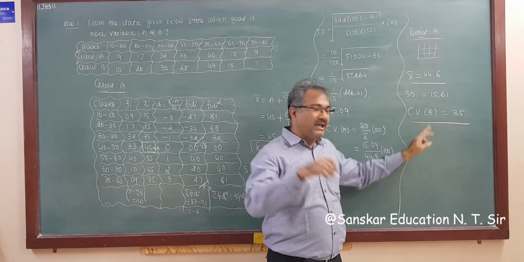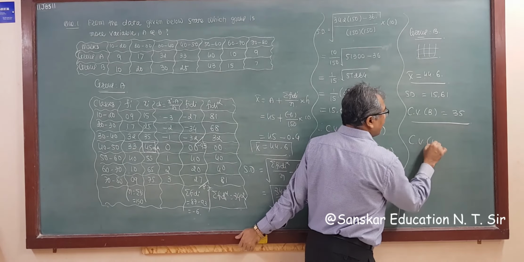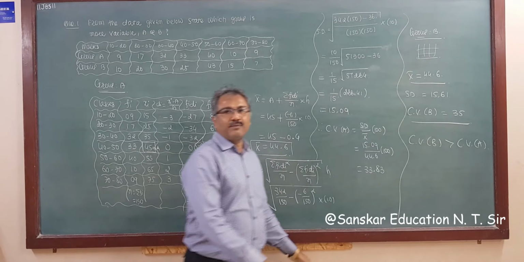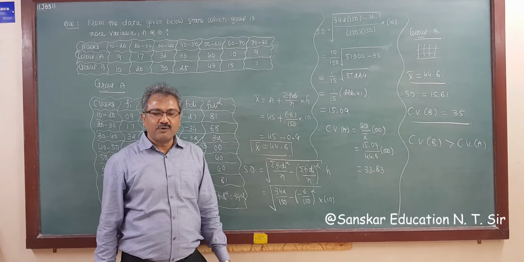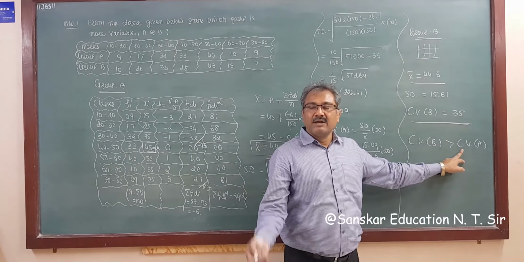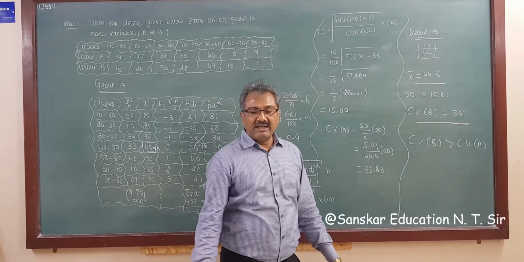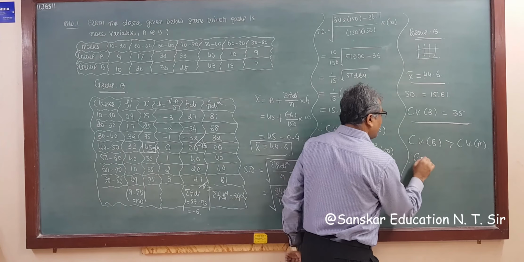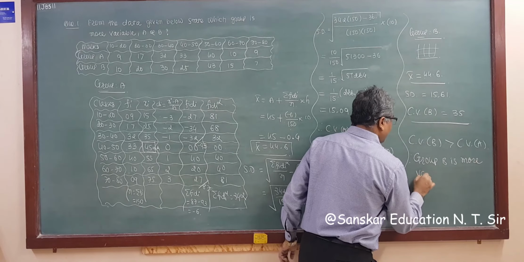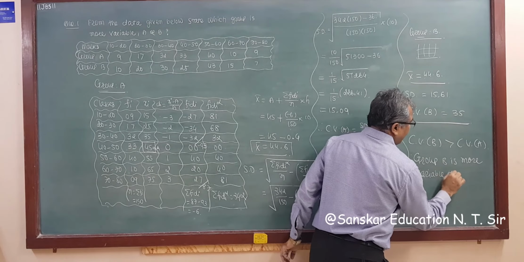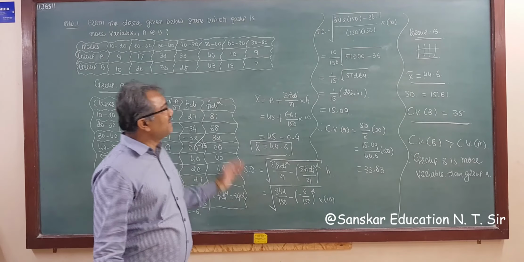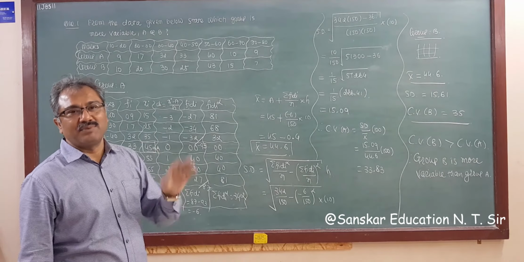So CV of B is greater than CV of group A. That is, group B is more variable than group A.